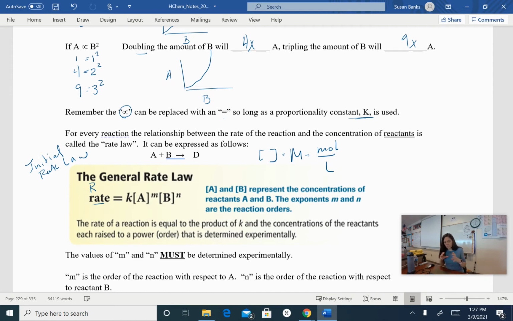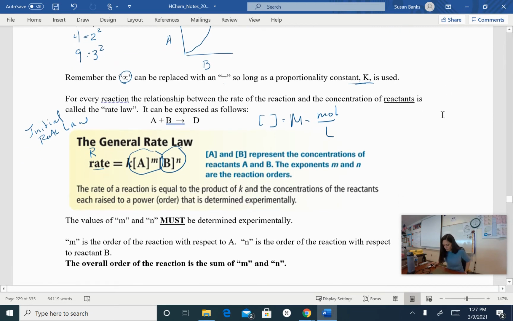The concentration of A raised to some power of M and the concentration of B raised to some power of N. Now, M goes with A, and N goes with B. And M and N can only be determined by experimental data. So we have to run that experiment and look at that data to determine what those exponents are.